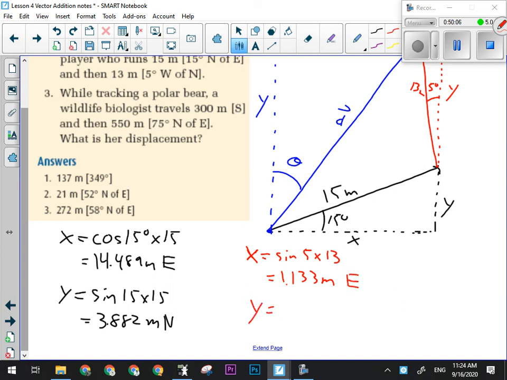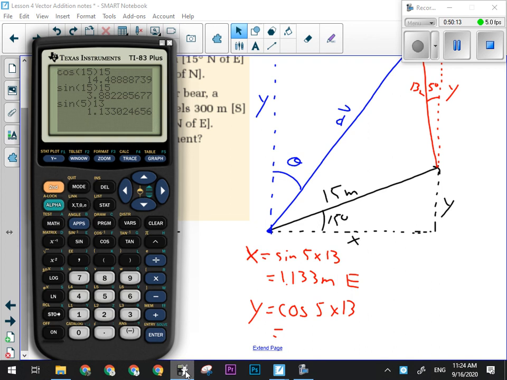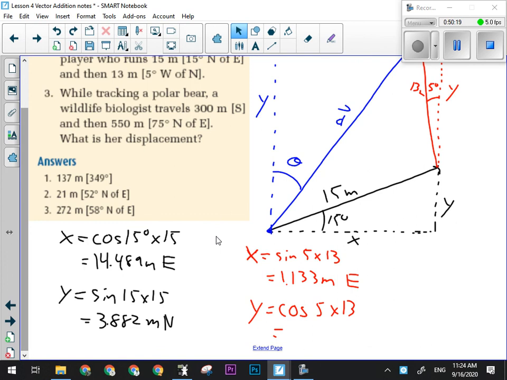Then our y component is the adjacent side, so cos of 5 times 13 is 12.951 meters north. So there's all my x's and all my y's.